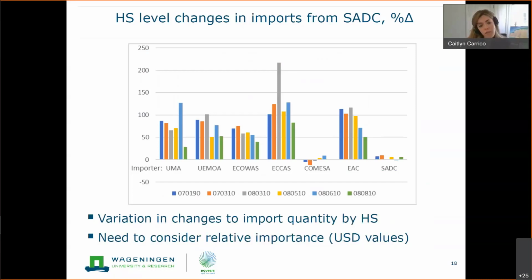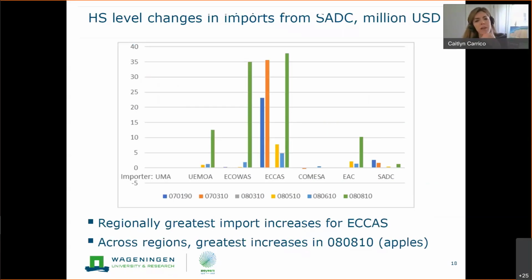And so it should be no surprise that we also get greater variation in the changes to the import quantity across the individual HS codes. This is percent changes, but now we can look at million US dollars. So these are real changes. And we again see that there's quite a lot of variety depending on the importer and also depending on the product. And we again see that apples are very popular.